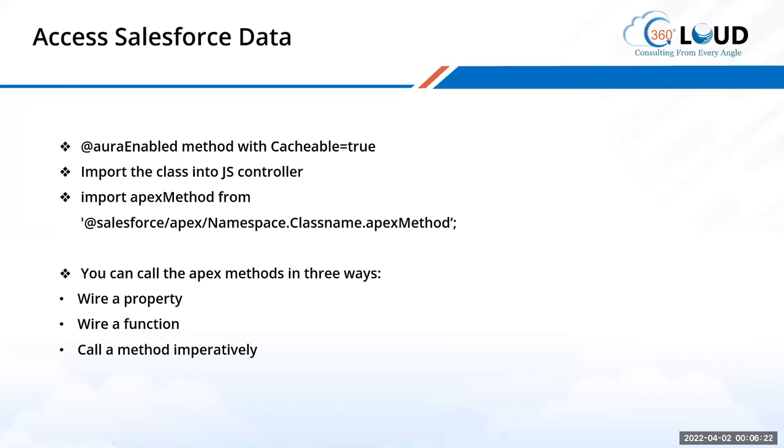Once you call an Apex method, it goes from JavaScript on the client side to the Salesforce server. If you use cacheable=true, you don't have to ping the server again, so it gives you greater performance.